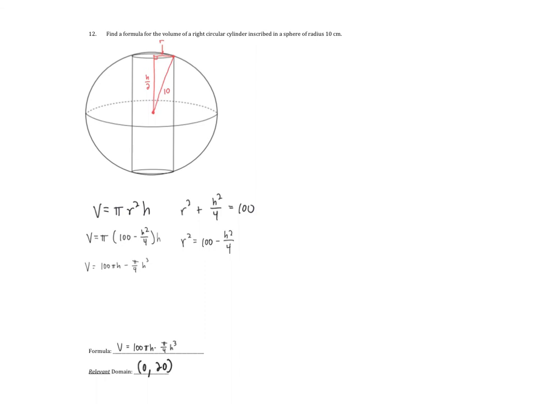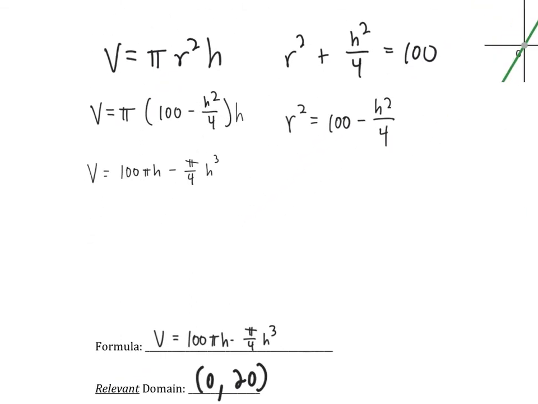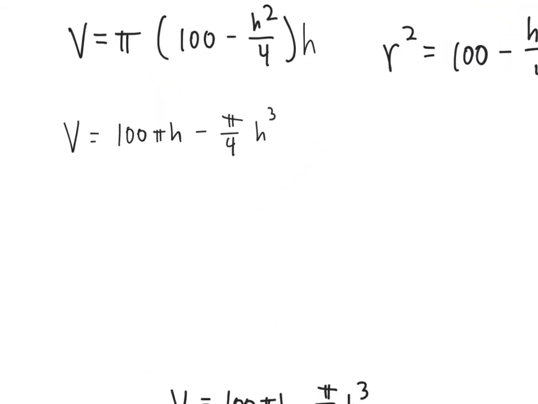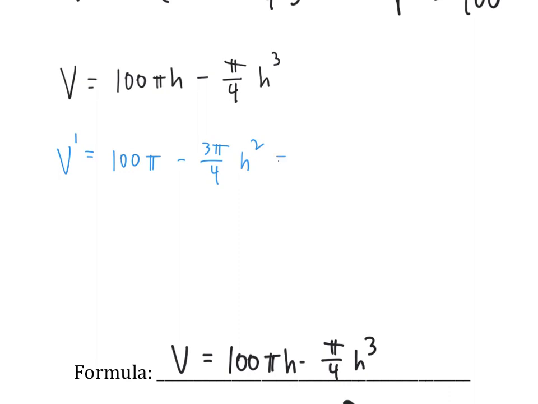Okay, so let's graph this, just paying attention to that domain. Okay, so there's the graph. Let's take the derivative and see what happens. Okay, set this equal to 0. Pi's cancel.